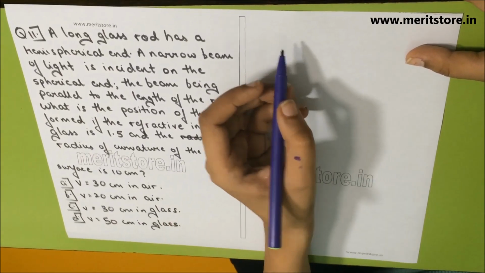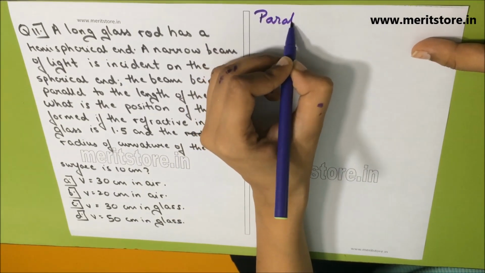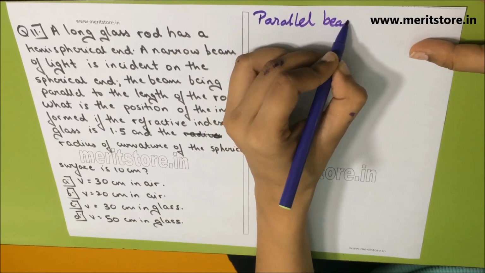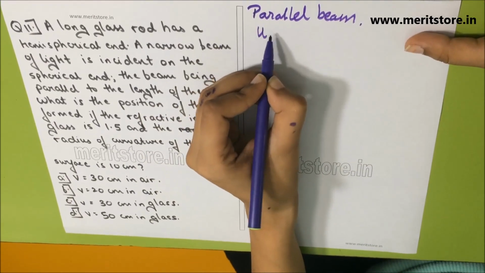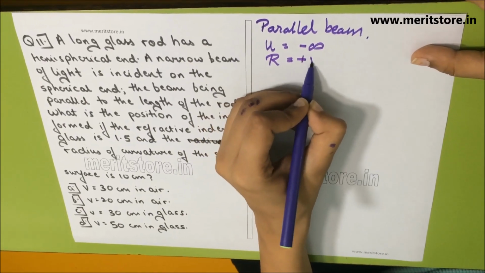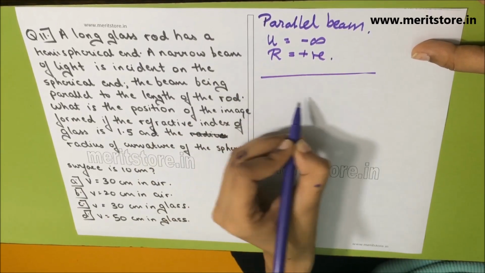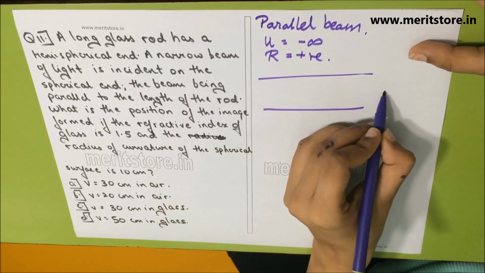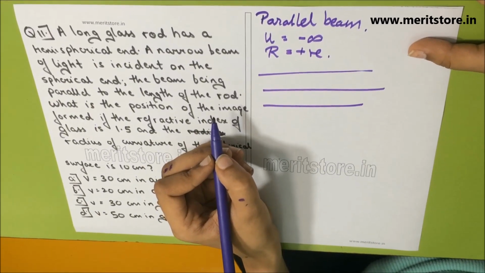So now we have a parallel beam. Since it is parallel, my u will be minus infinity and my R will be positive. So this is my rod and there is a parallel beam inside it.